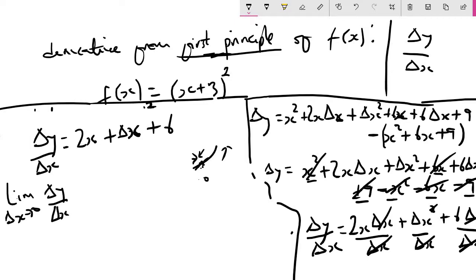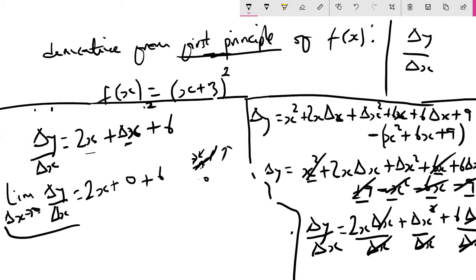The same for the other ones. Understand? So the limit as changing x approaches 0: we look within this equation, and wherever we find changing x, we put 0. So this becomes 2x plus 0 plus 6.